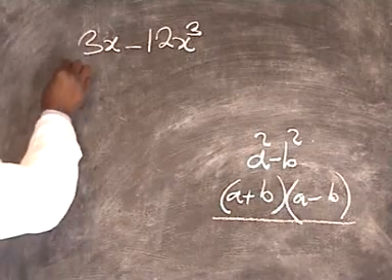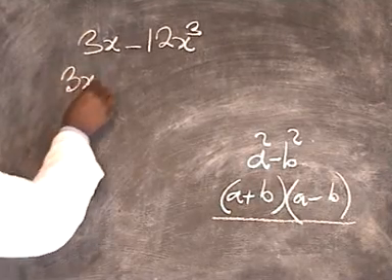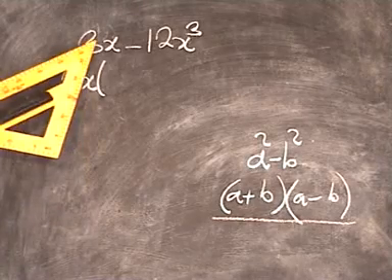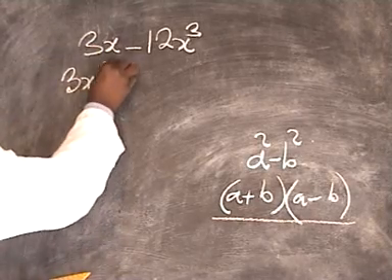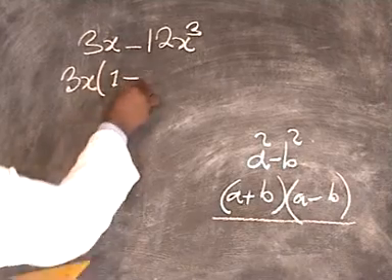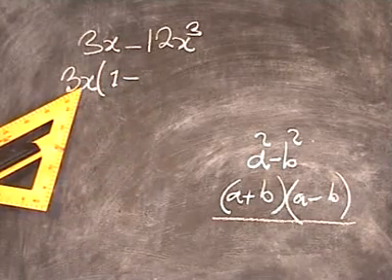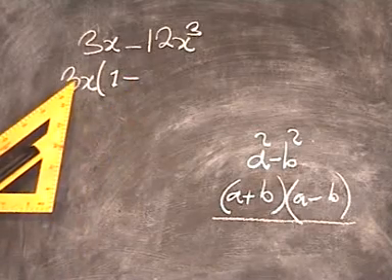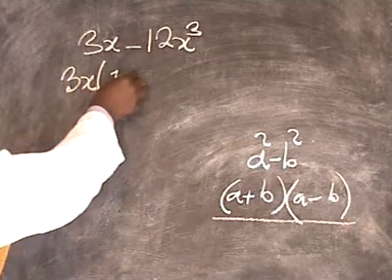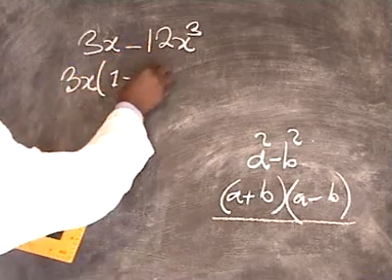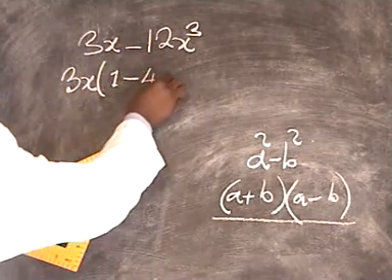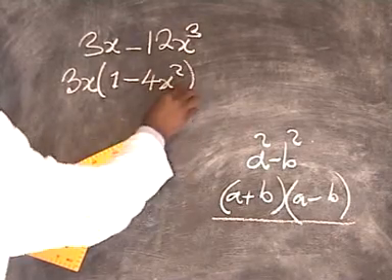So what you are going to do in the first place is to remove 3x outside the brackets, so that 3x into 3x, you get a 1. I'm sure that is clear. Then minus 3x into negative 12x. So this is a positive 3, it is going to be a negative. So 3 into 12, it's 4. And x into x to the power 3, it is x squared, like that.